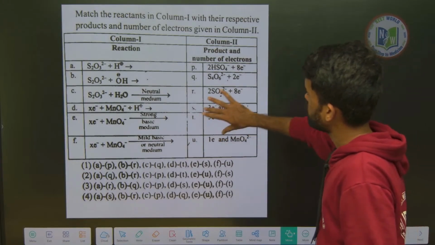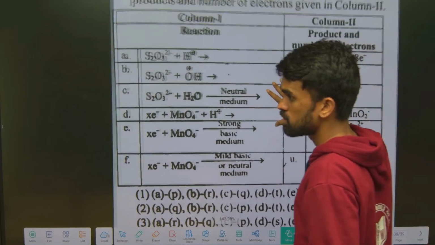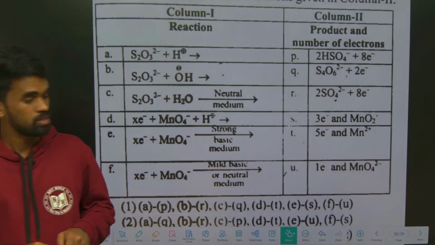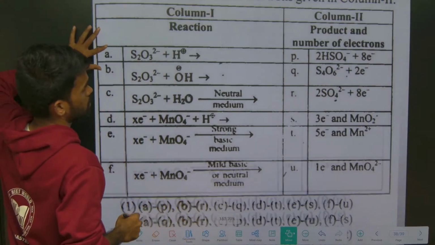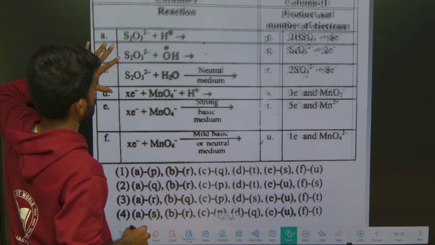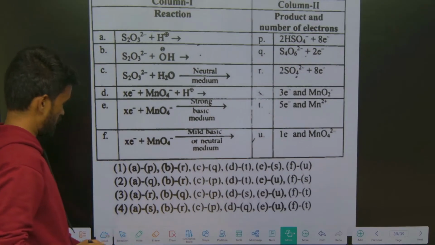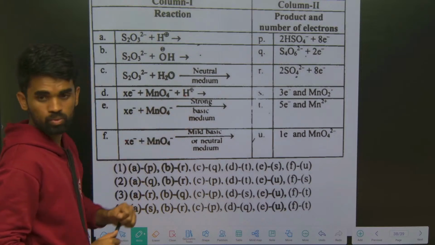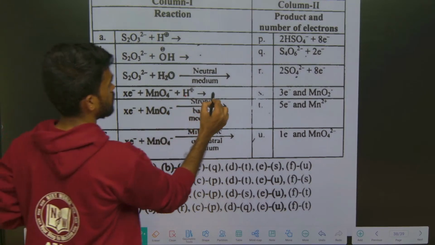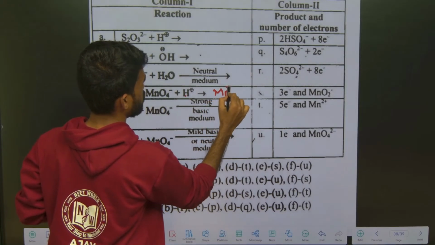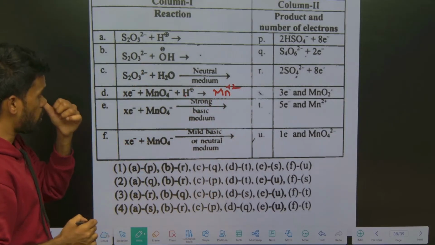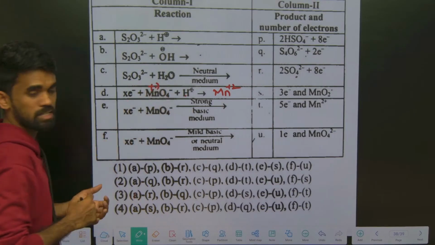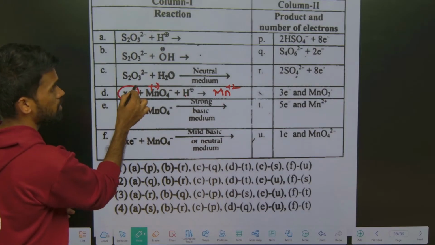Can you match this question? Try this once. About the permanganate ion, in acidic medium what will it do? It converts plus 7 to plus 2. How many electrons are gained? Plus 7 to plus 2 means 5 electrons.